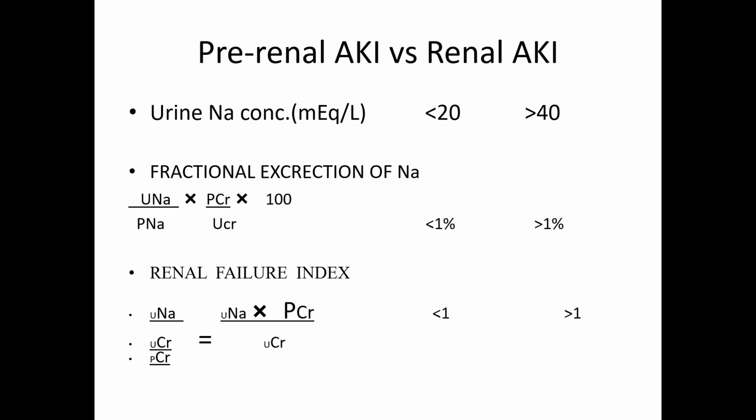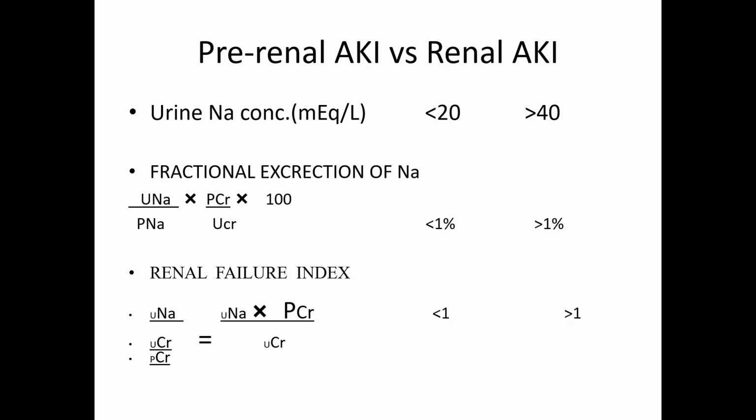Those patients who have pre-renal AKI, their kidneys are normal, so they absorb salt quite avidly. So this parameter, the FeNa, is less than 1%. Those patients who suffer from renal AKI have tubular damage. They are not able to absorb the sodium, so it is more than 1%.